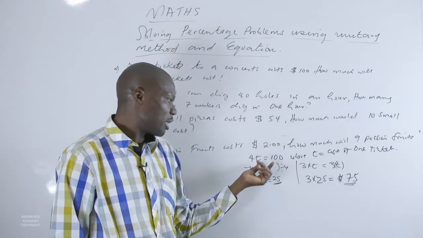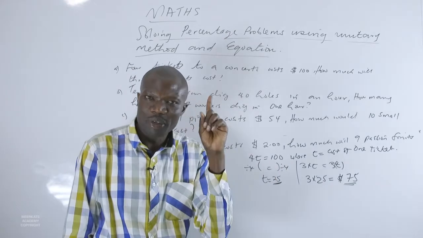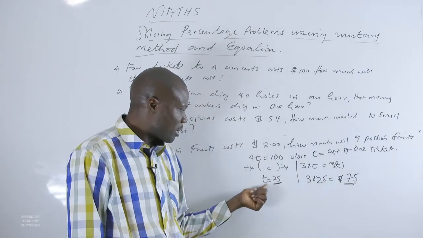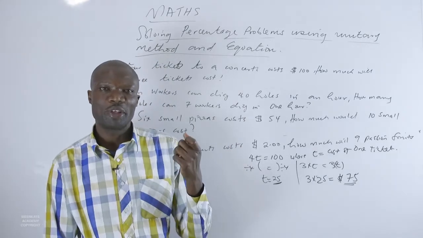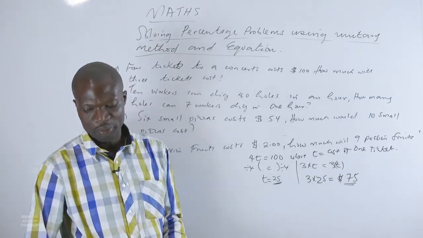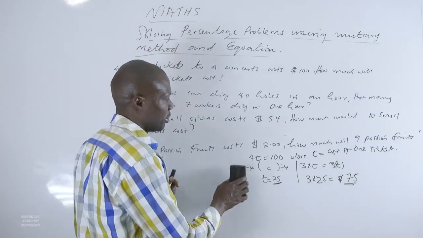So by reducing until we find the cost of one ticket, that is, 1 unit, T equals $25, we have applied the unitary method to solve this problem. So we can solve so many problems using the unitary method.